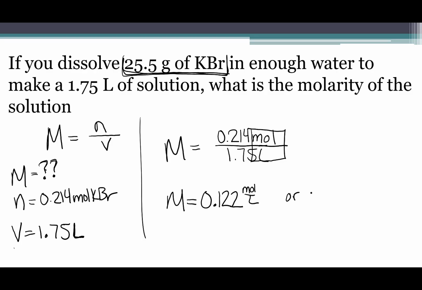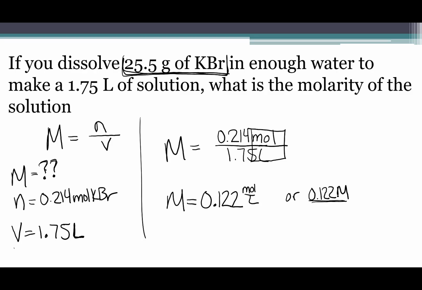Or we could say 0.122 and put that capital M. So that's also another valid unit for molarity. And the way that we would read this one is it's 0.122 molar. So 0.122 molar solution. So both of those mean exactly the same thing. Neither one is right or wrong, just a different way to write the units.